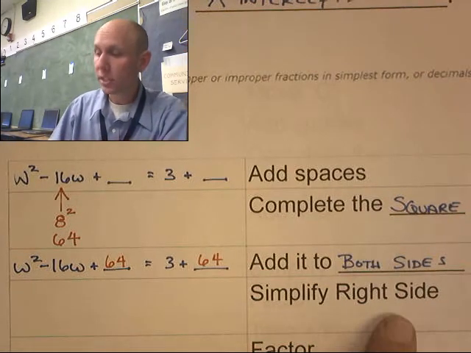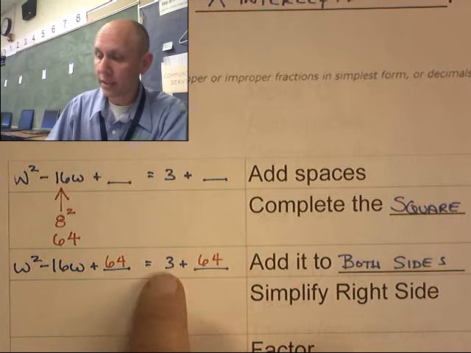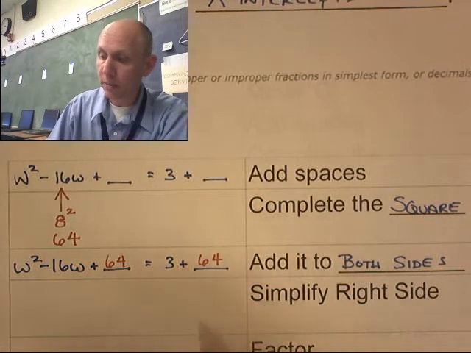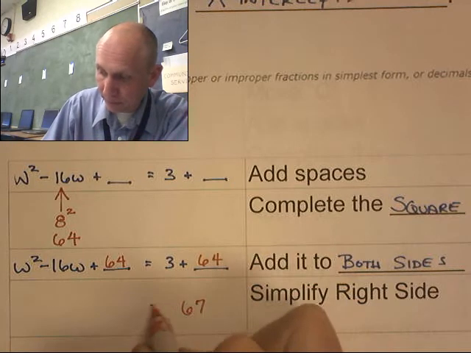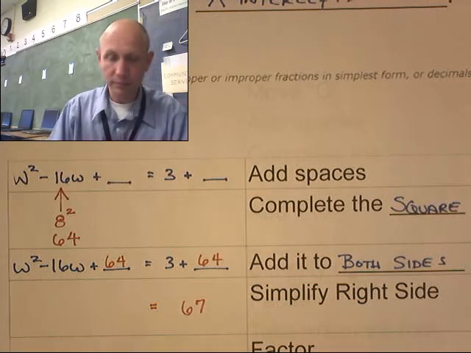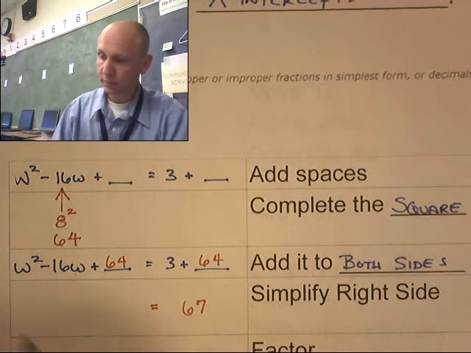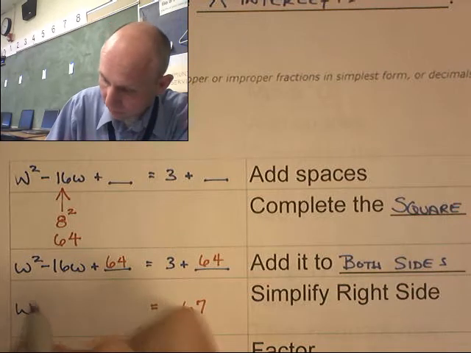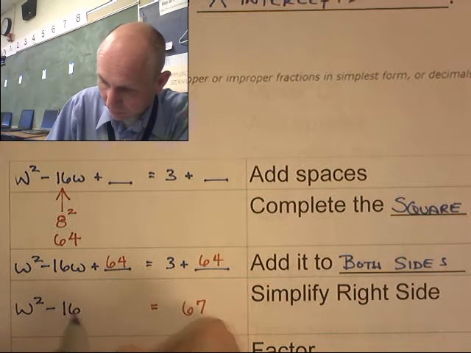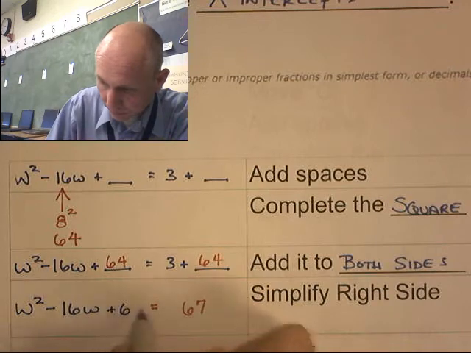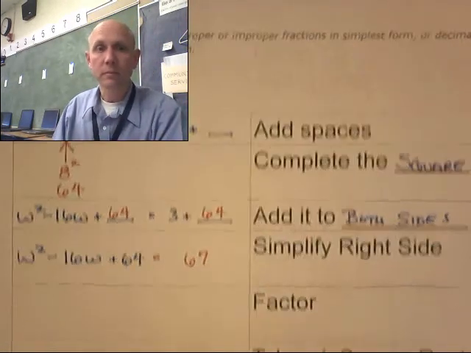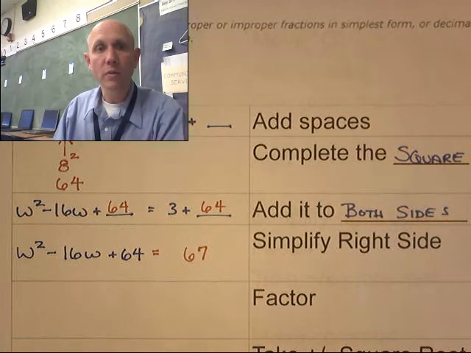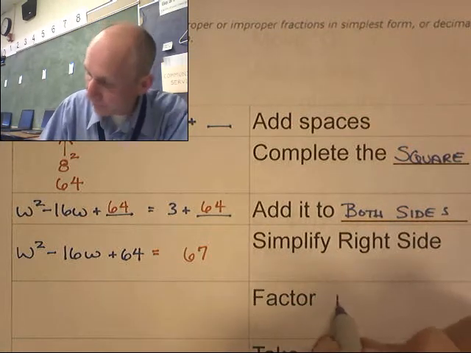I am going to simplify the right side. This is 3 plus 64. That is 67. I am going to factor the left side.